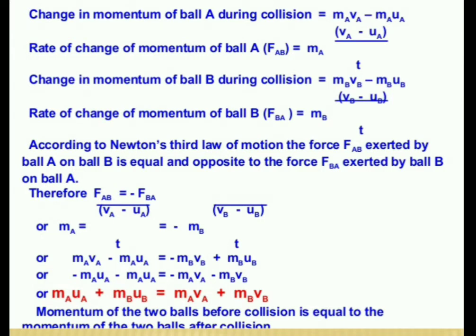Therefore we may write FAB is equal to minus FBA. FAB means ball A exerts force on B, and ball B exerts force on A, so we write minus F.